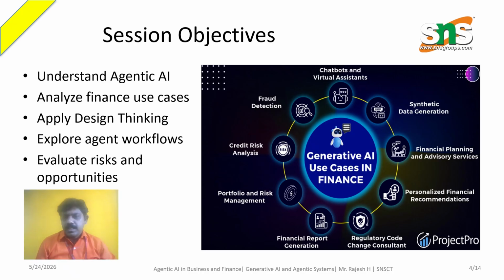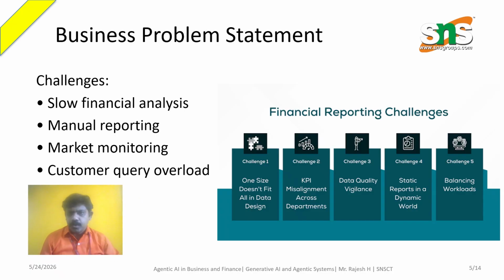We also need to touch on financial planning and advisory services: how we can customize personalized financial recommendations, what kind of financial reports are generated, and how to consult on regulatory code changes. All these things can be achieved through synthetic data generation with chatbots and virtual assistant support.